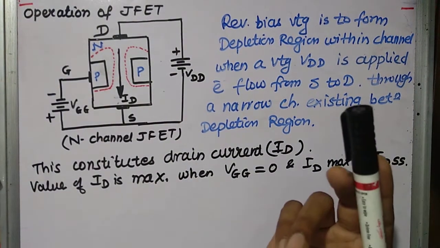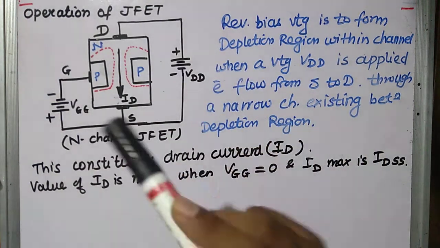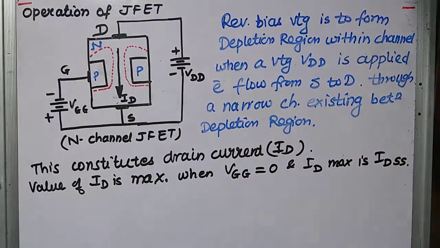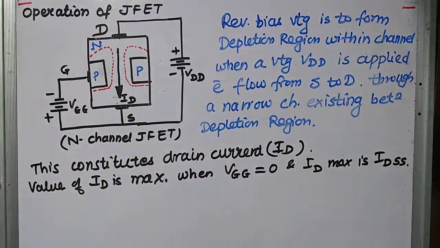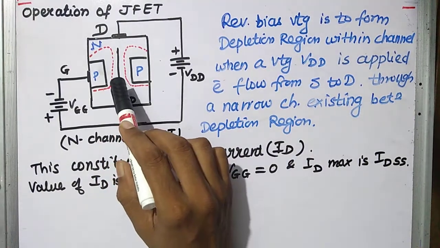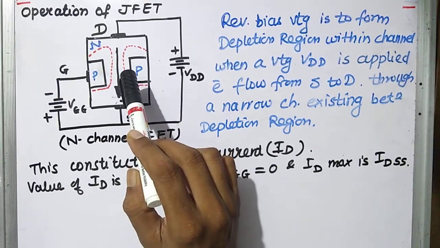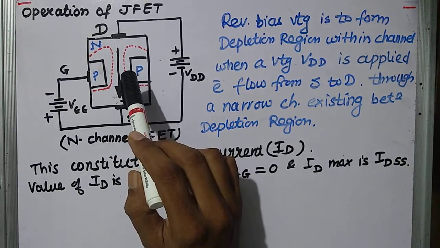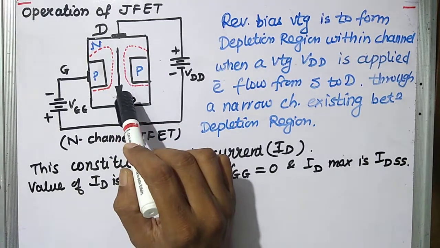Now why are we applying the reverse bias? We are applying the reverse bias just to form the depletion region within the channel, and when the depletion region is formed within the channel, we can control the flow of drain current through this channel.